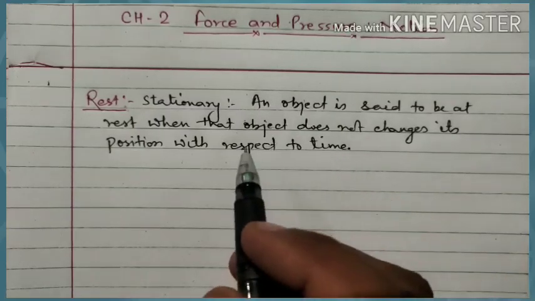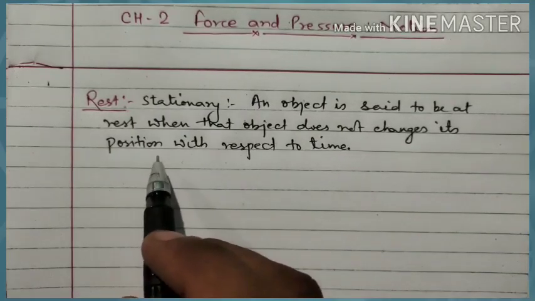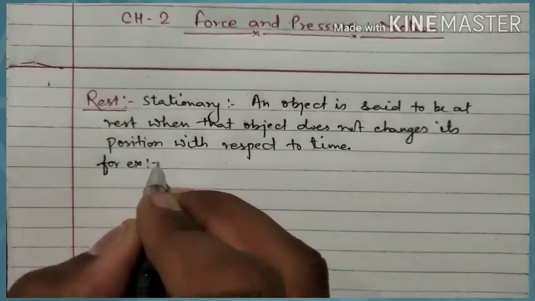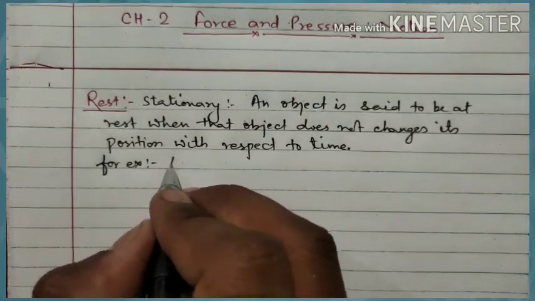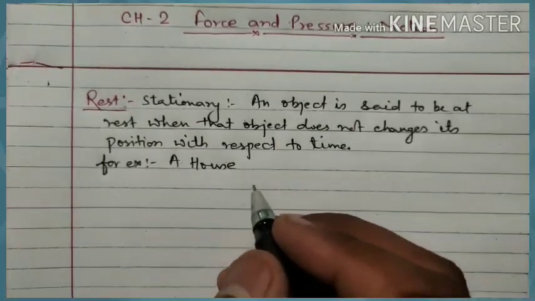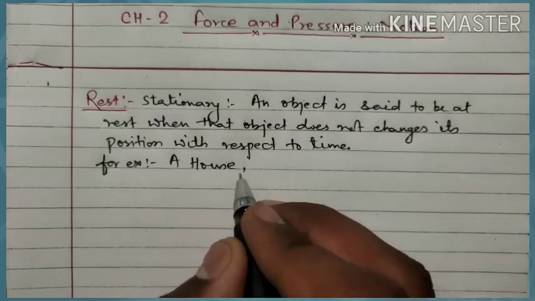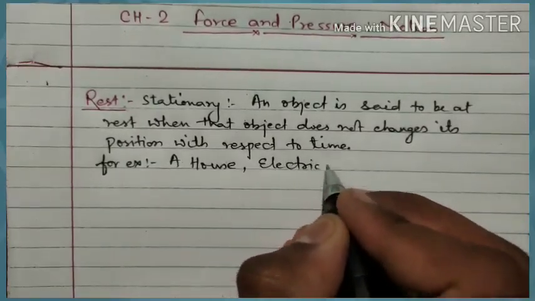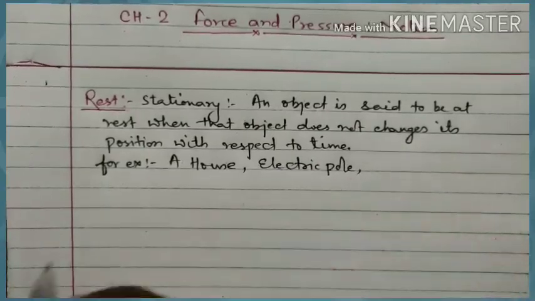It means the position of the object is not being changed. Let us take a few examples. For example, we can say that a house is stationary. A house does not move from one place to another place. Then we can say an electric pole is also stationary.